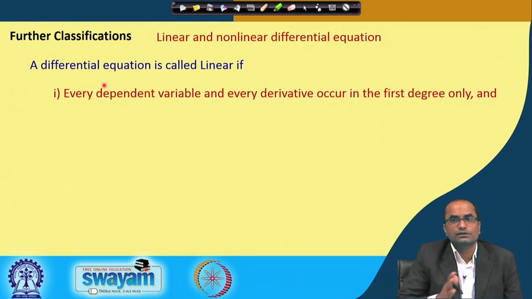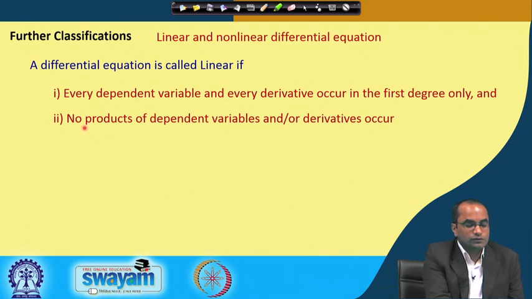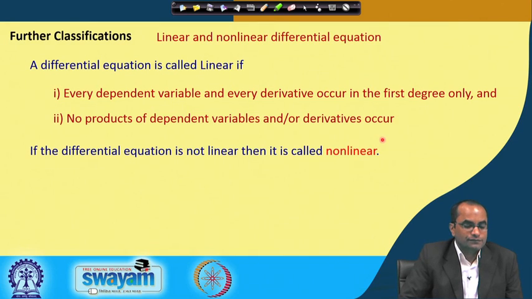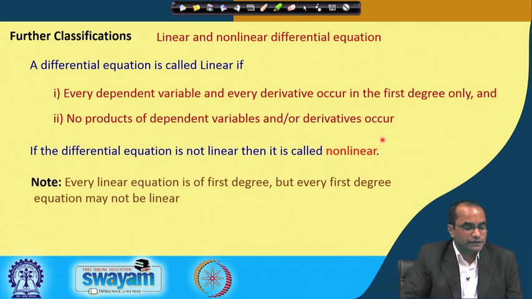If we do not see a product or a power, then we have a linear equation, meaning that no product of the dependent variable and/or the derivatives occurs. If the differential equation is not linear, then we call it a nonlinear equation. In a nonlinear one, the product of the derivative or the dependent variable with the derivative will exist.